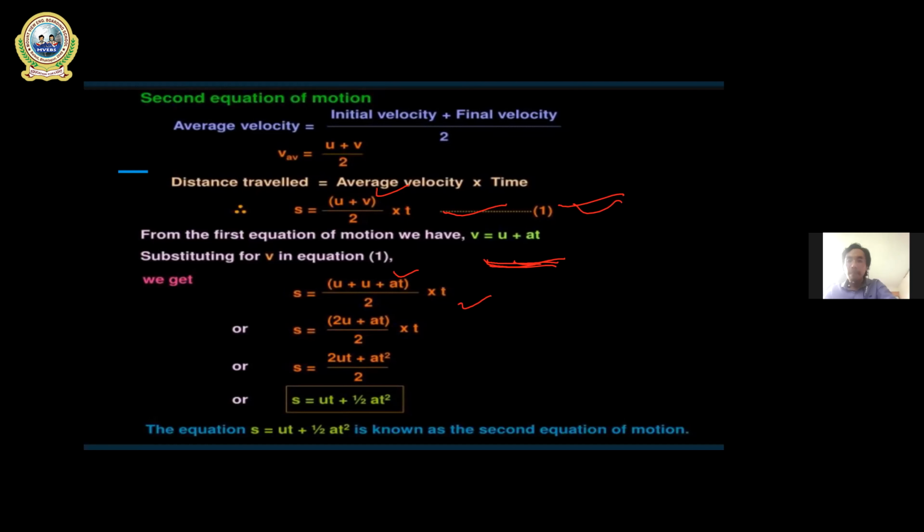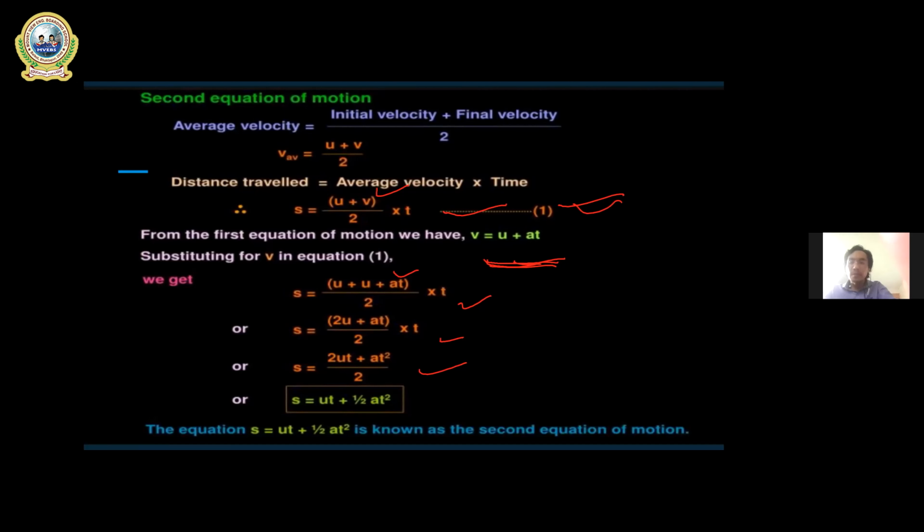In the next step we multiply this expression by t. Multiplying t with the whole: 2u into t is 2ut, plus at into t is at square, and whole upon 2. Now when we have a fraction that has only one denominator, we can break it.